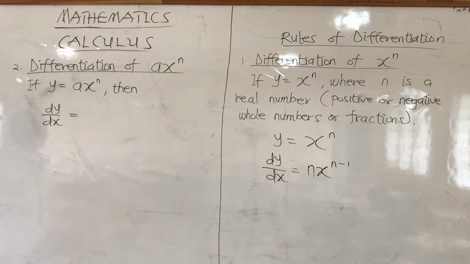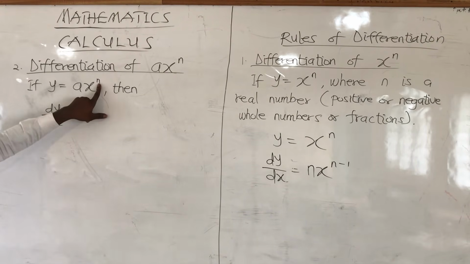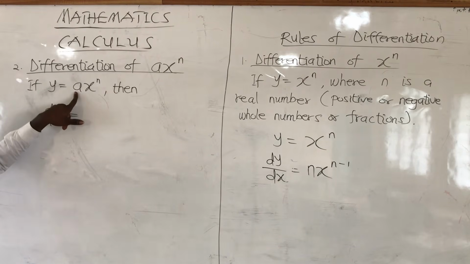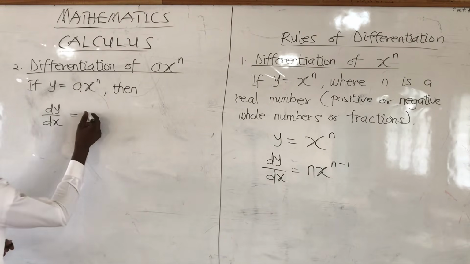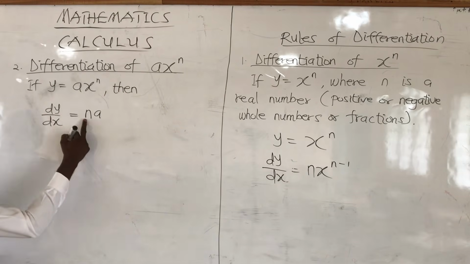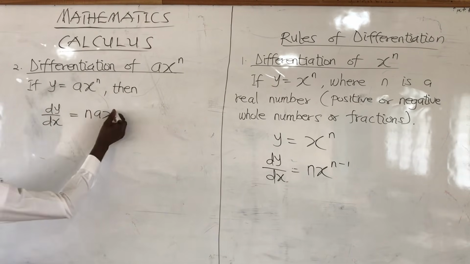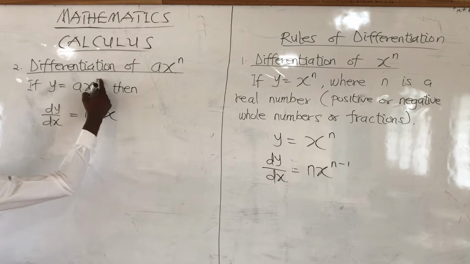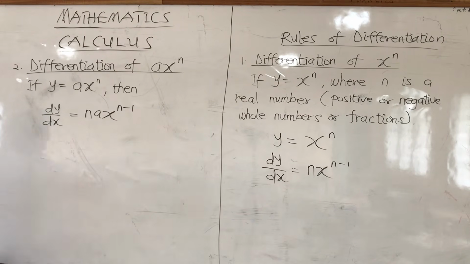So if y is equal to ax exponent n, how are we going to differentiate? All that we are going to do is to take the exponent. First of all, we are going to use it to multiply the coefficient of x. But here the coefficient of x is a. So we are going to have n times a. I'm going to repeat the x, then I'll take 1 from the exponent, giving me n minus 1.